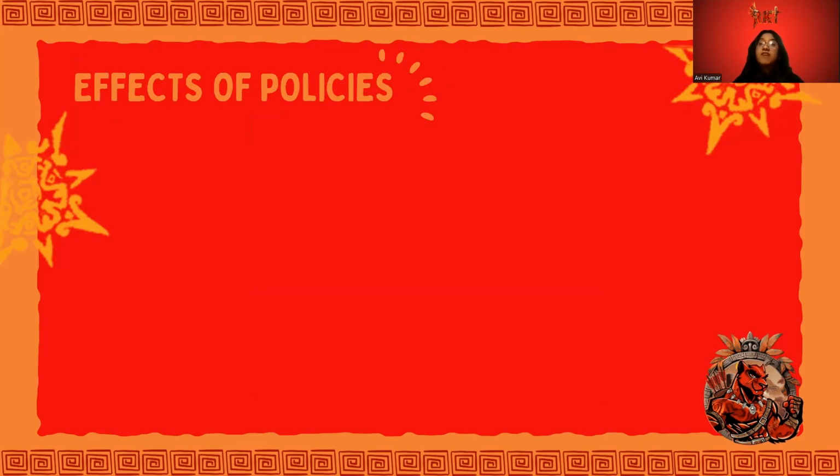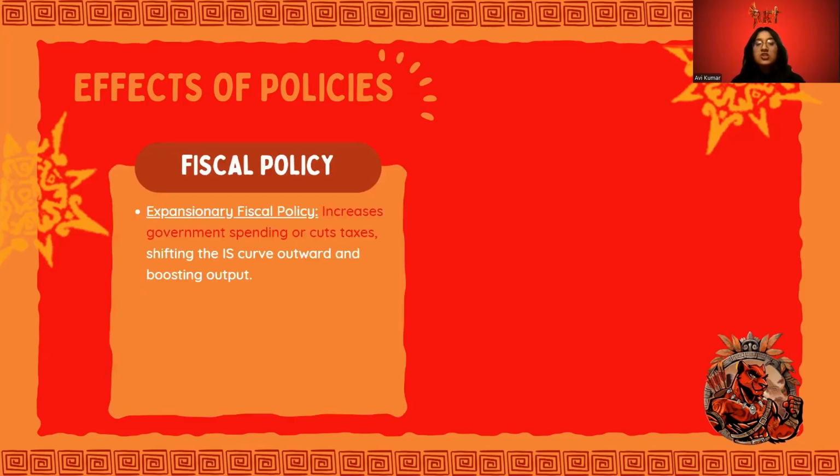Now, let's talk about the effects of policies. There are certain policies, as we discussed last time, such as monetary policy, that the government uses to adjust the ISLM model. They also use something called fiscal policy. So, fiscal policy deals with taxes and government spending. Expansionary fiscal policy is when there's an increase in government spending or a decrease in taxes, which shifts the IS curve outward, which means it's increasing output.